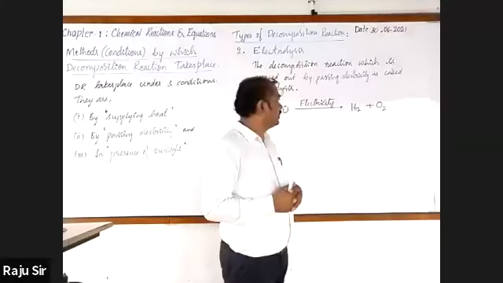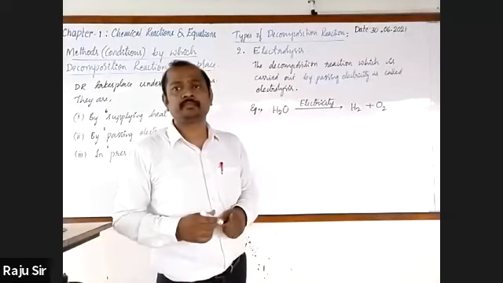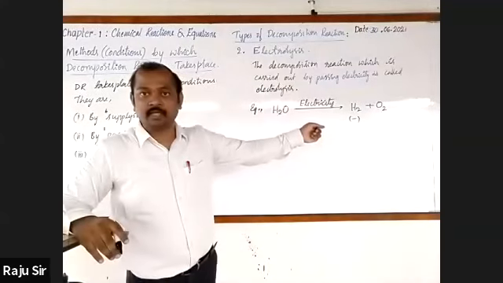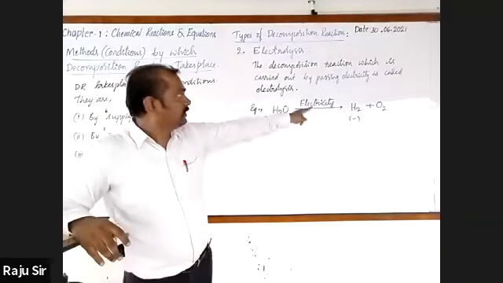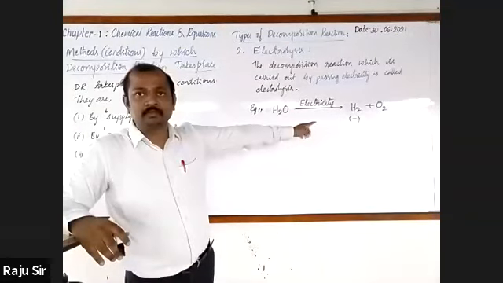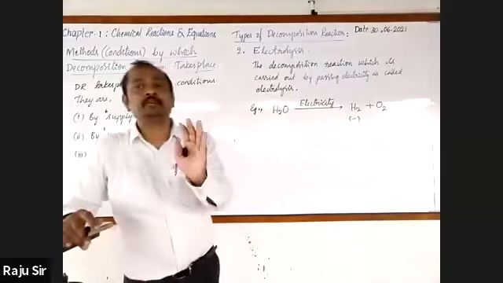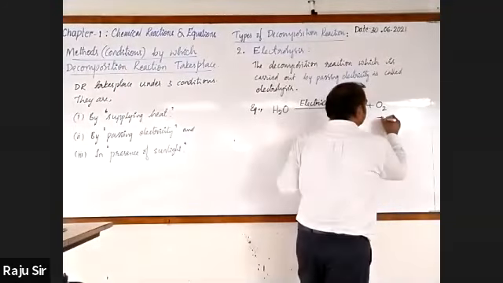Near which electrode is hydrogen formed, cathode or anode? Cathode, sir. Hydrogen has an affinity towards the negative electrode, so hydrogen gas is formed near the cathode. Whereas oxygen has an affinity towards the positive electrode, which is the anode.